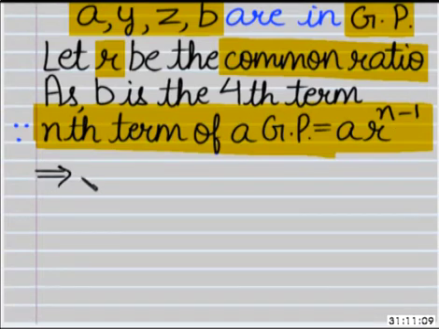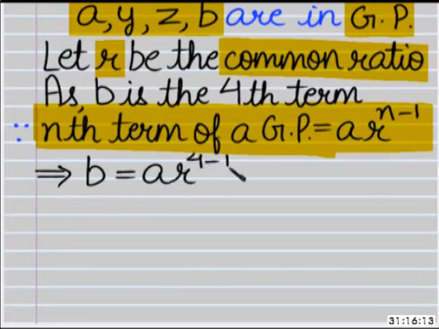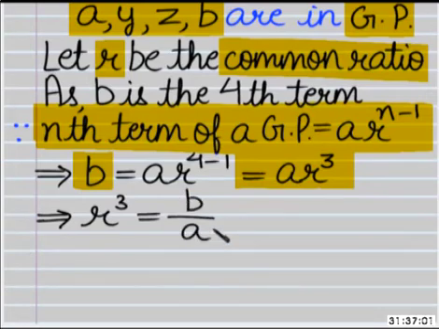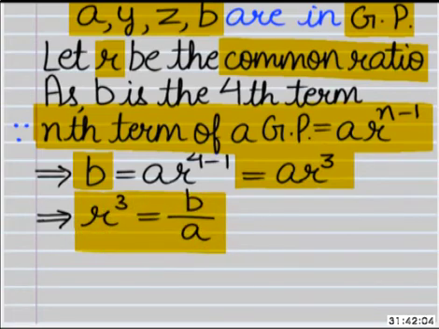So this implies B is equal to A into R raised to the power 4 minus 1, which is equal to A into R raised to the power 3. So this further implies R raised to the power 3 is equal to B by A. Let this be equation number 2.